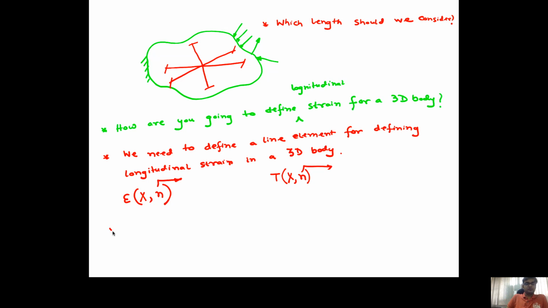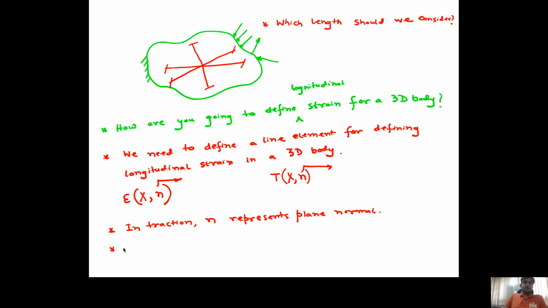So let me write it down. In traction, n represents plane normal. So you can also say that n represents a plane, or the normal to the plane, right?